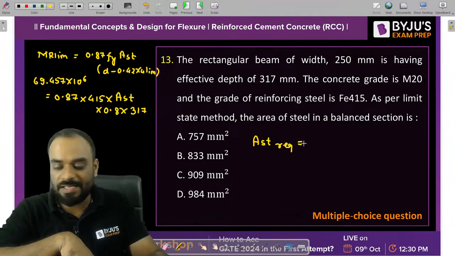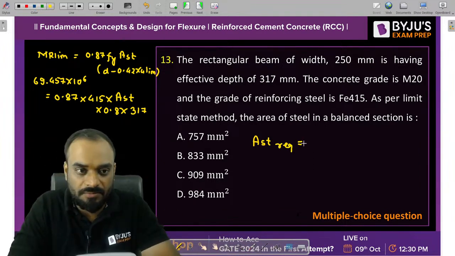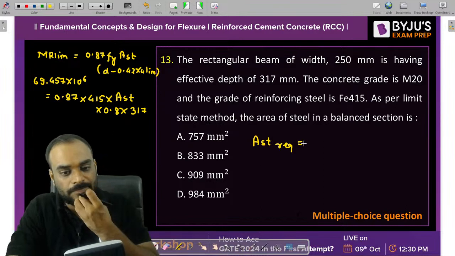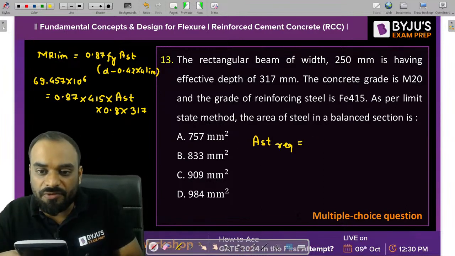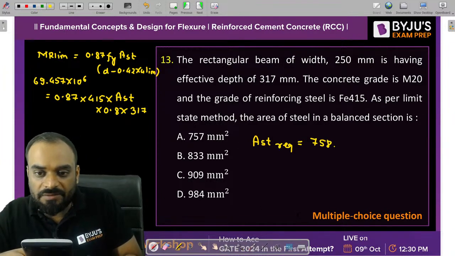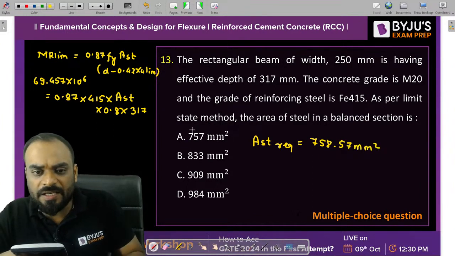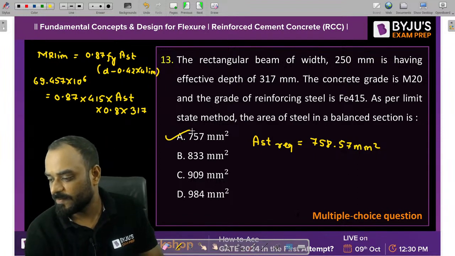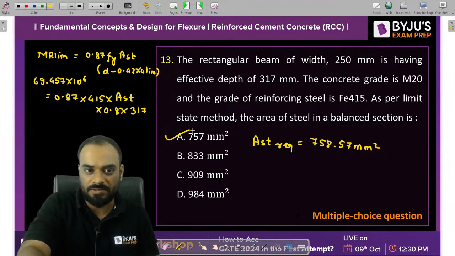That is also known as Ast limiting. So guys, it is coming around 758.57 mm square. So tell me, guys, can I say that A is the correct answer, which is very close to this answer? Yes, very nice.